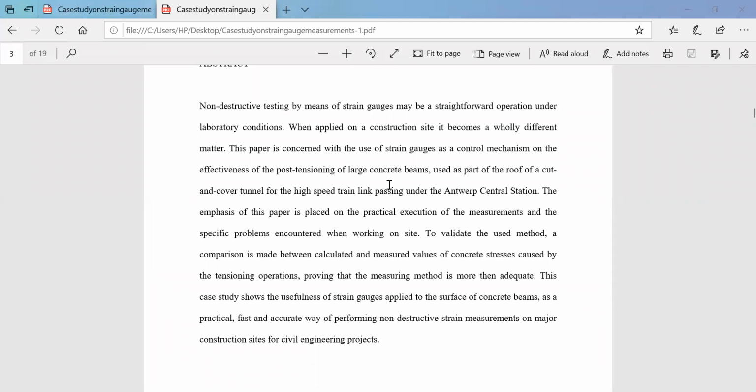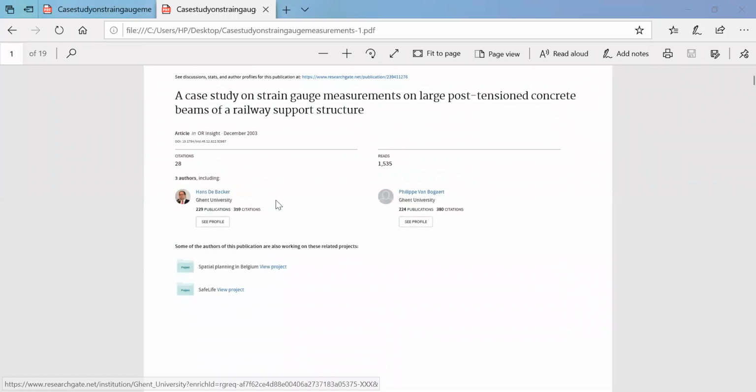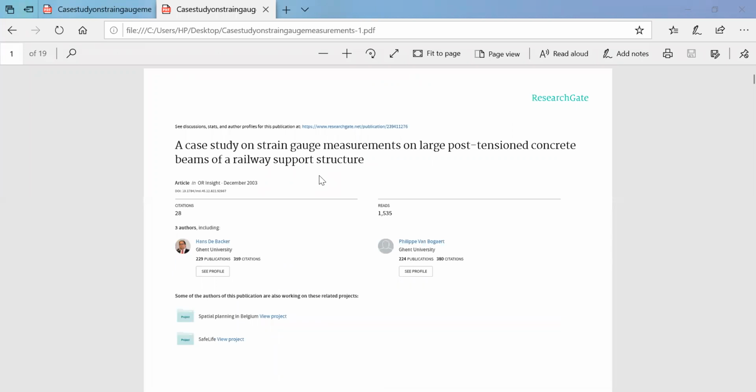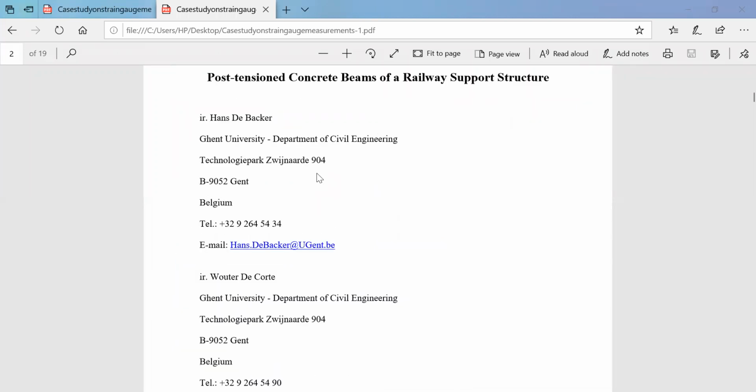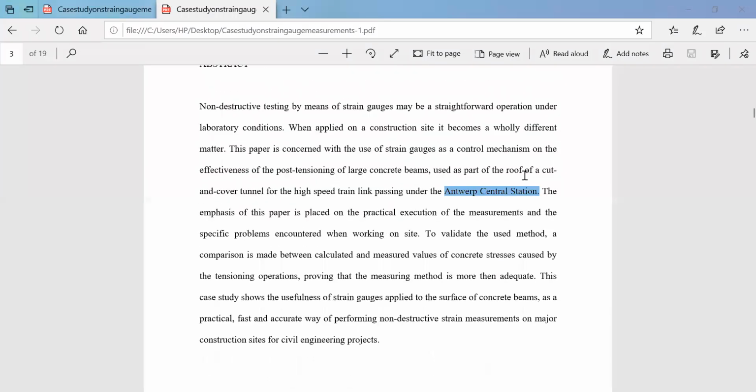It is dealing with Antwerp Central Station. There are many stations in this research paper. It is from Ghent University, in Belgium, and one of the railway stations there is Antwerp Central Station, so they are focusing on this particular station.